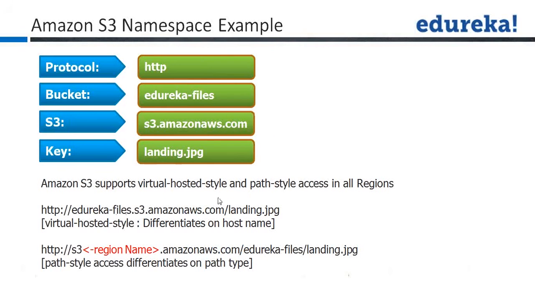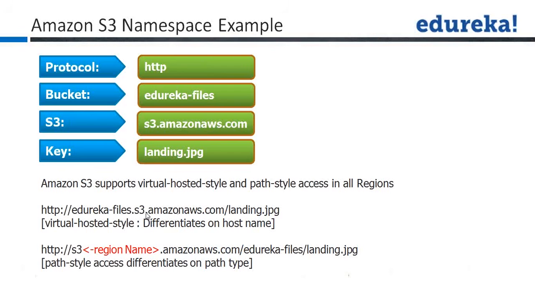One of them would be bucketname.s3.amazonaws.com/objectname. Again I repeat, bucketname.s3.amazonaws.com/objectname. Here s3.amazonaws.com shows S3 because it's in the US Standard region.